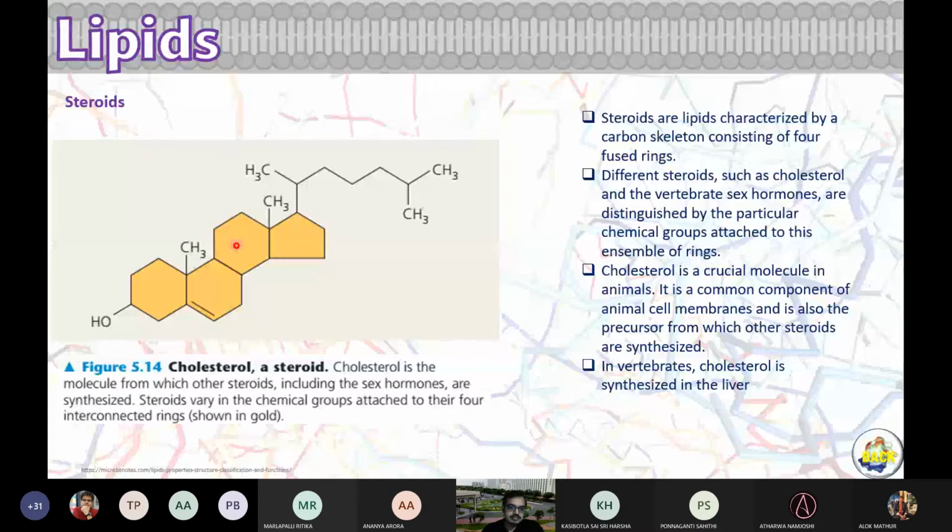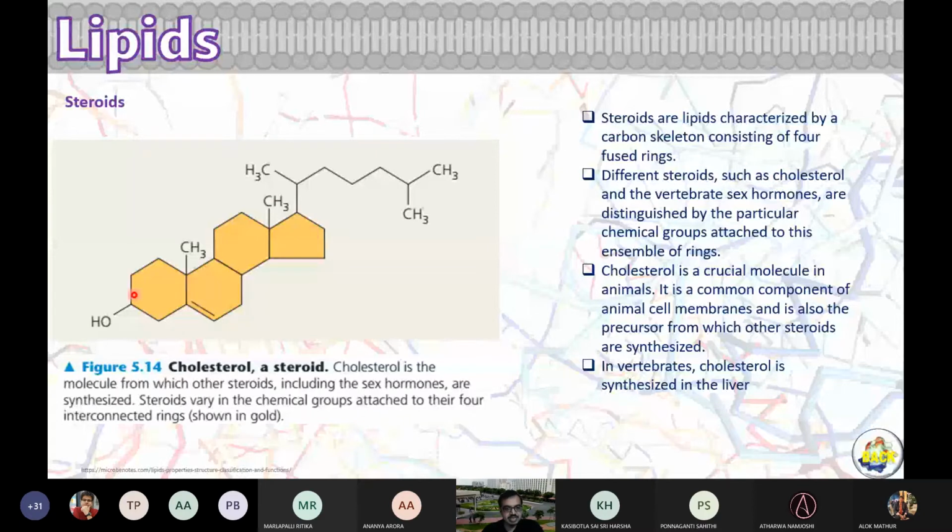See, the way males and females have different appearances is because of two sex hormones, testosterone and estrogen. And the way these are made is through a steroidal compound. They are steroidal in nature.